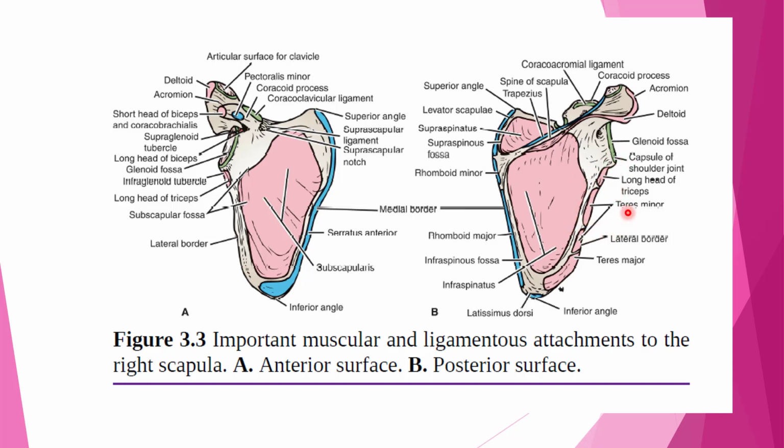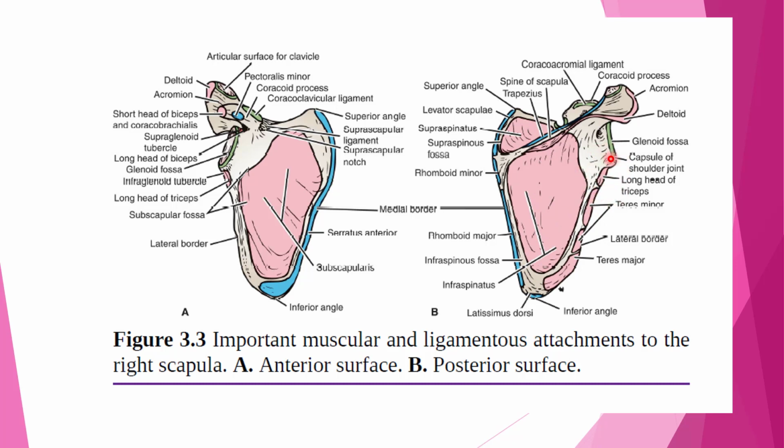Minor comes first. This is teres minor. Below the teres minor, on the lateral border, we have teres major muscle. Can you see here? This is teres major which arises from the lower one-third on the rough strip on the dorsal aspect of the lateral border. So on the lateral border, on the posterior surface, we have three muscles.